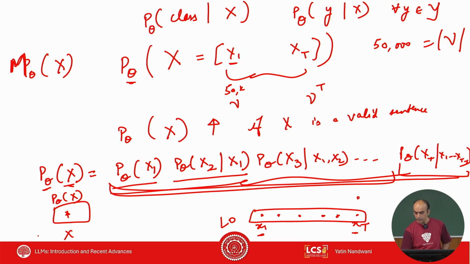Layer 1 is attending to the embeddings of these tokens that we computed in layer 0. As the output of layer 0, we got the token embeddings, we processed them through KQV, and then this last token is attending on all of this and computing its output probability, or output embedding.